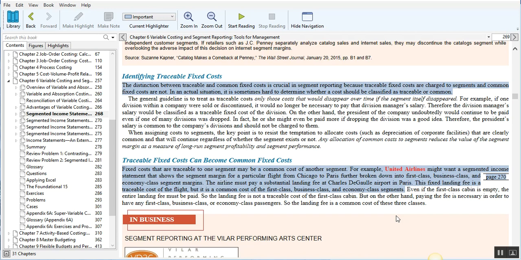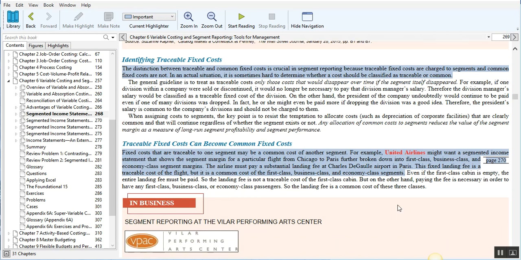So, for example, it's a common cost to first class versus economy class or business class. So you don't have a differentiation between those three classes in a fee. The fee goes to all three as a common cost, but you are able to trace that cost to a specific flight in that business segment.